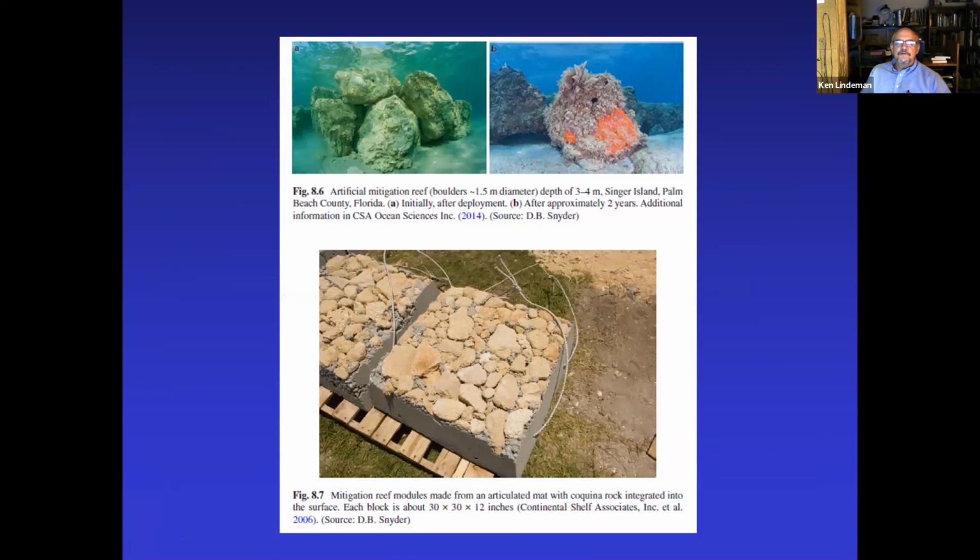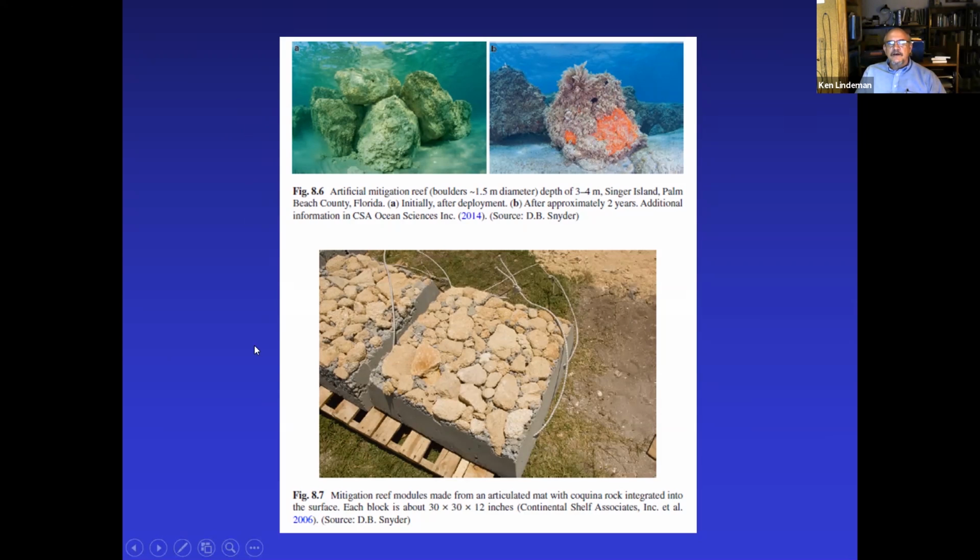This image from chapter 8 in the book shows some of the artificial reef systems that have been used. Traditionally, large mitigation reef boulders. Some of the challenges with these systems is that these boulders can often sink into the bottom quite rapidly or be displaced by storms, including hurricanes.